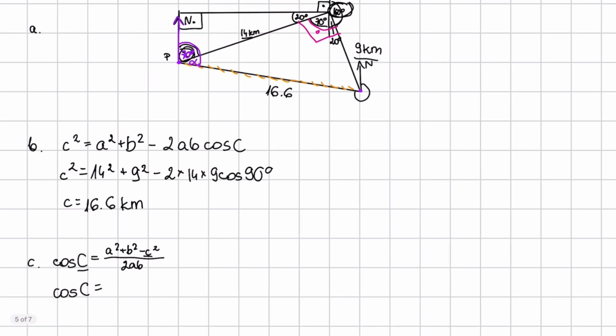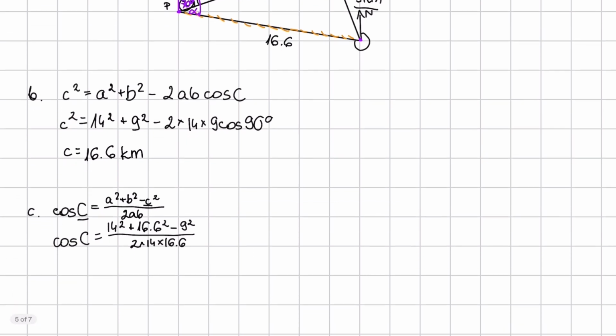So now we can substitute: 14 squared plus 16.6 squared minus 9 squared over 2 times 14 times 16.6, and we have to calculate it in solver or by applying cosine to the power of -1.